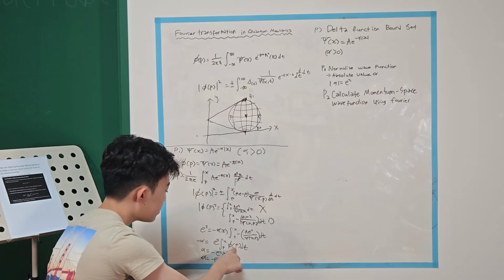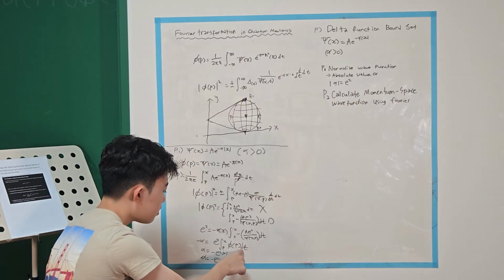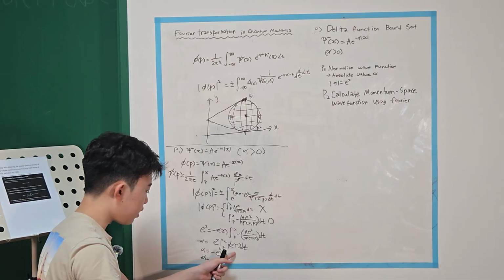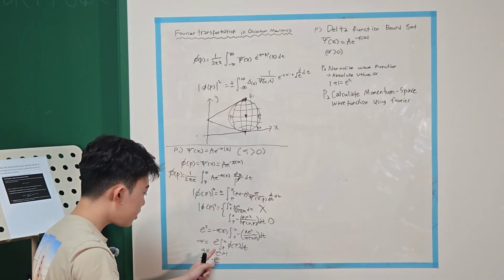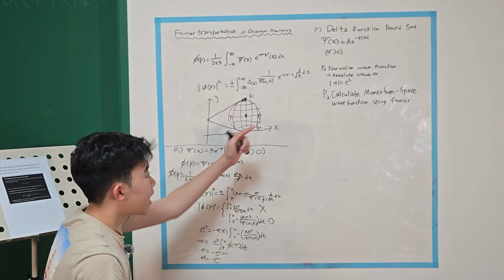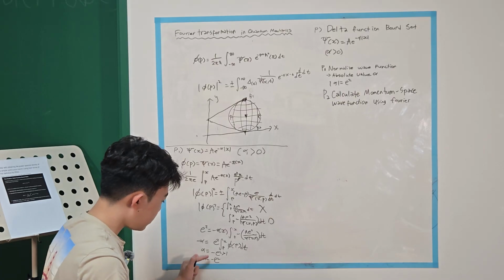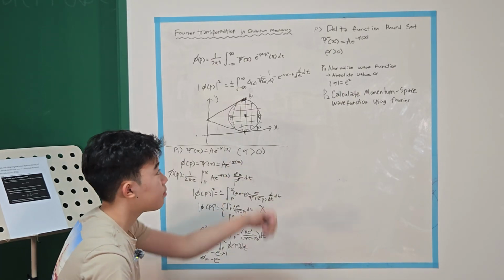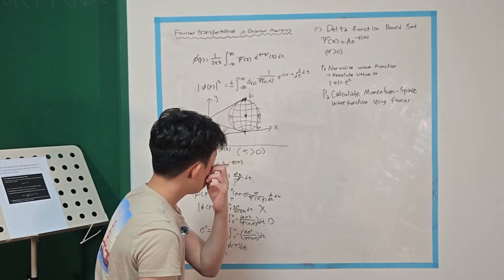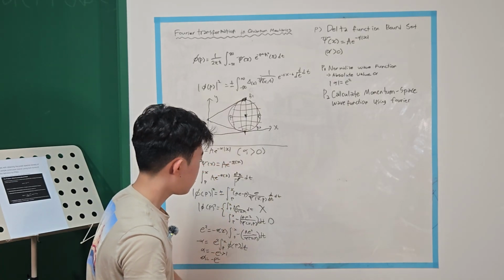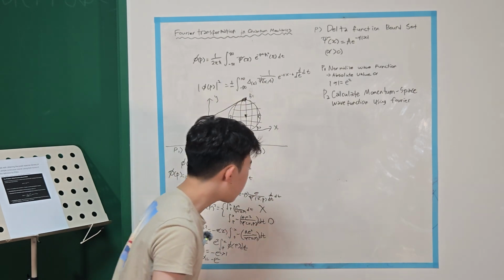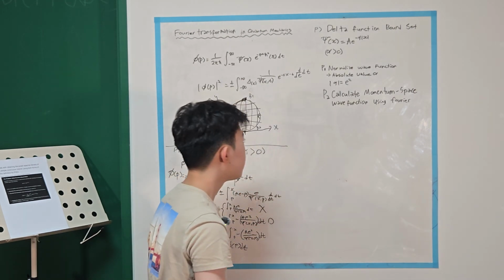So, since this is 0, we got 1, because this is 2 infinite wells, and we get 1, so minus e squared times 1 equals minus e squared. But the absolute value of alpha is going to be positive e squared. So, we got positive e squared. This was done on the assumption that a is larger than 0. Alpha is larger than 0.